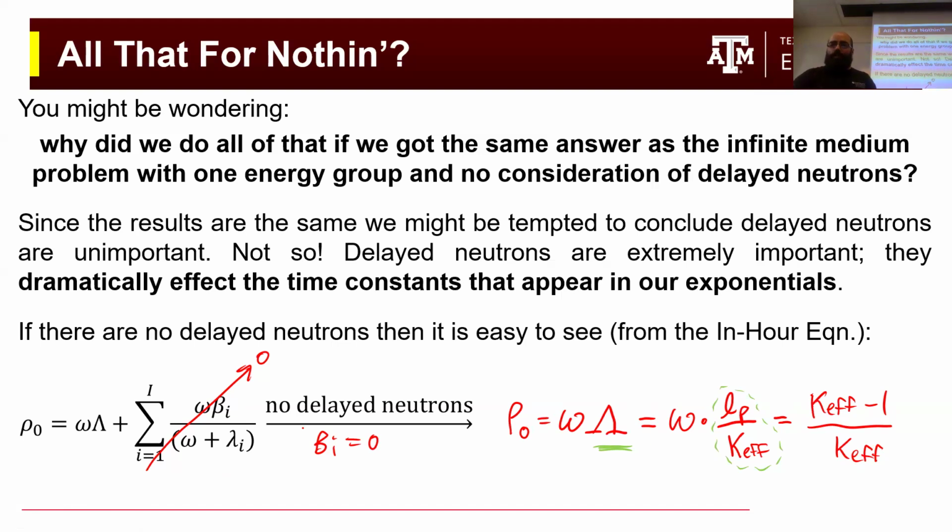And if I look at this equation, I've got a k effective on the top and on the bottom, so they can divide away. Then to get omega by itself, I just need to divide both sides by the prompt neutron lifetime. So my omega time constant, if there were no delayed neutrons, is going to look like k effective minus 1 over the prompt neutron lifetime.